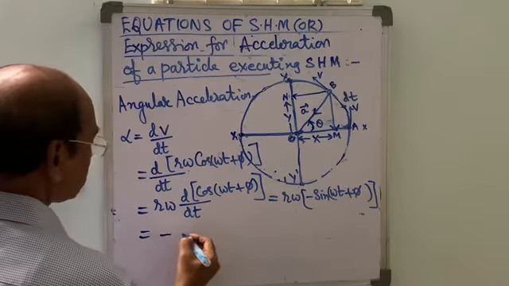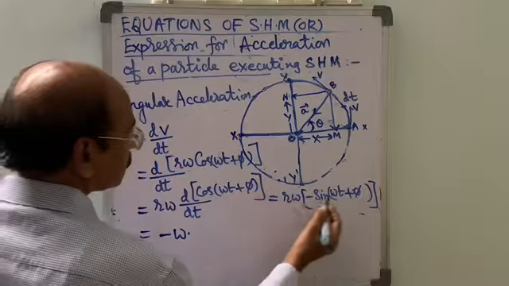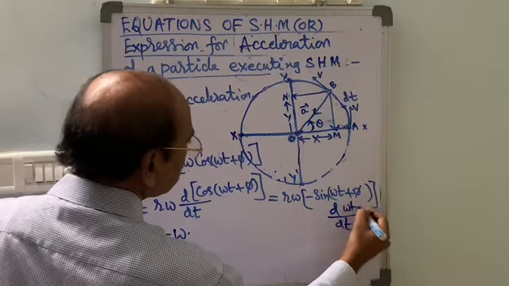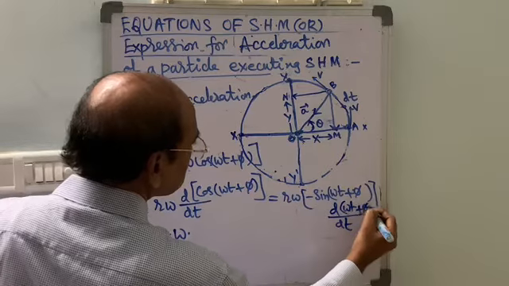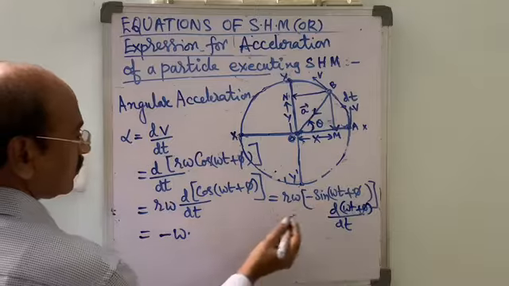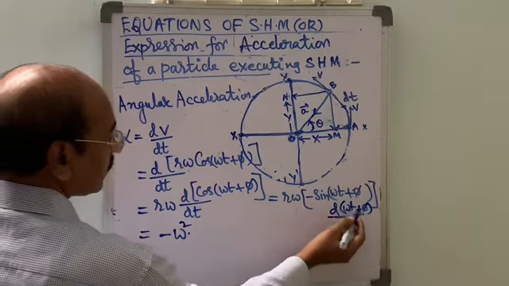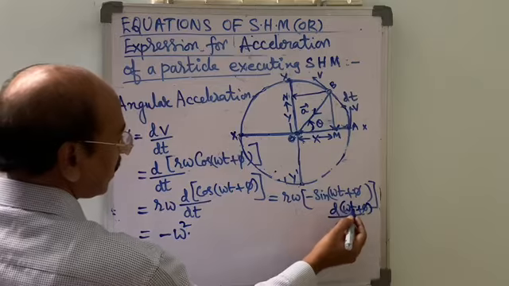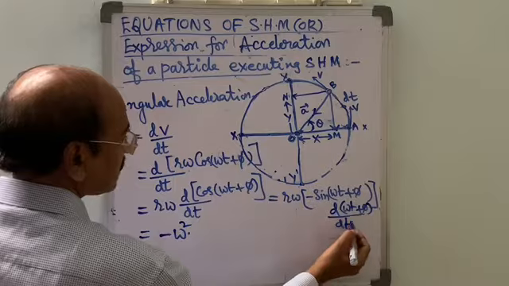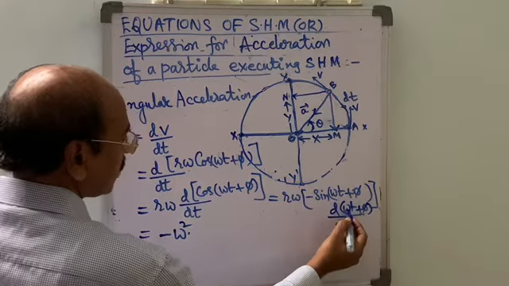So minus omega into d by dt of omega t plus phi. Therefore again here omega is there, omega d by dt of omega t plus d by dt of phi. d phi by dt is, as phi is a constant, 0, and omega is constant.